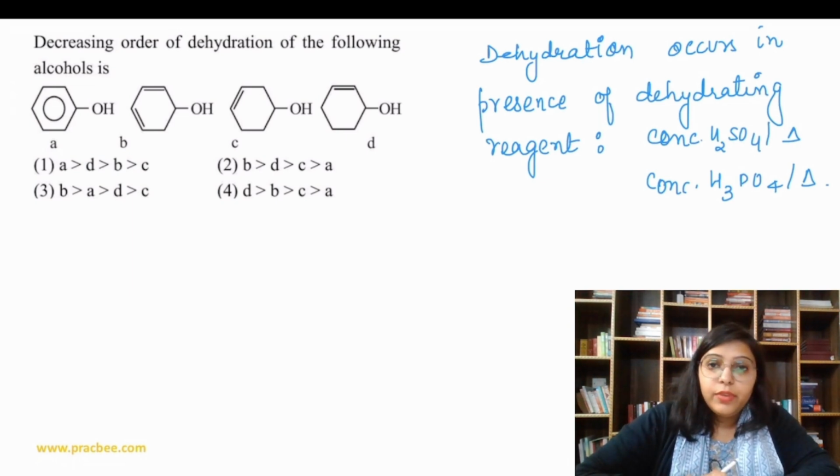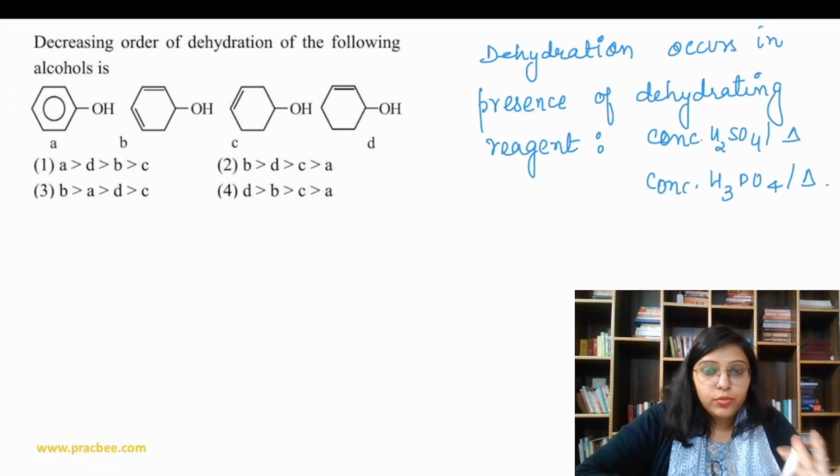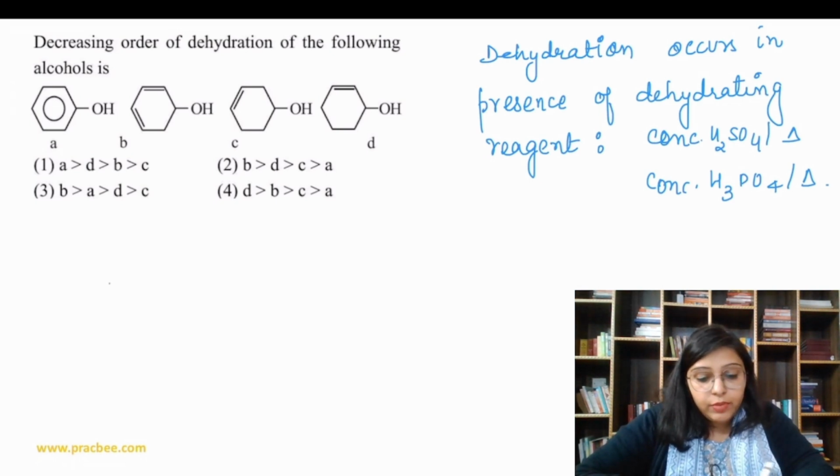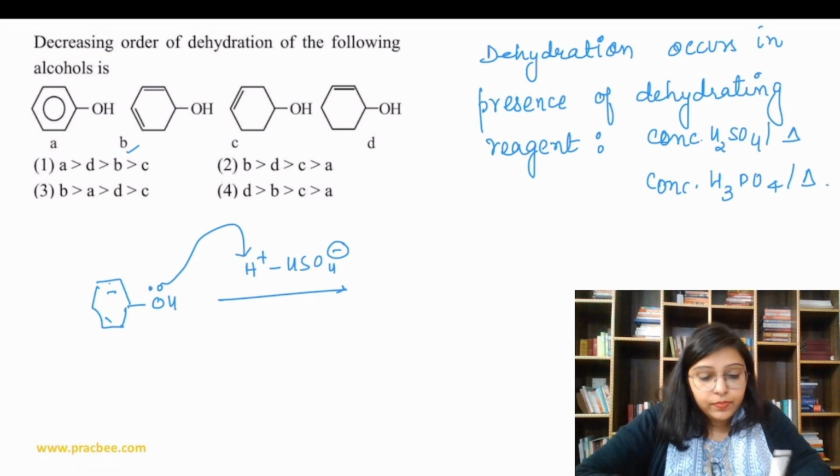So now we have to find out the decreasing order of dehydration. So what happens in the dehydration? If we talk about option B, this is it, and we have OH. So we have H plus and HSO4 minus. In the first step, the oxygen lone pair takes H plus and HSO4 minus leaves.